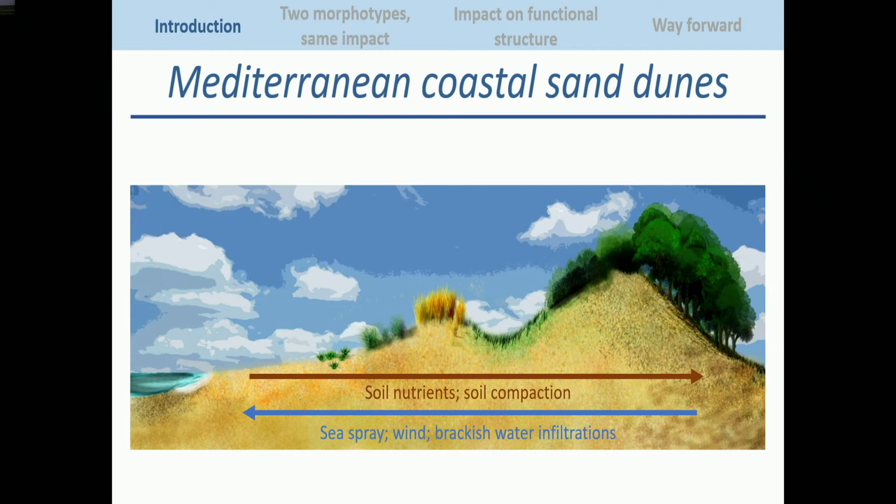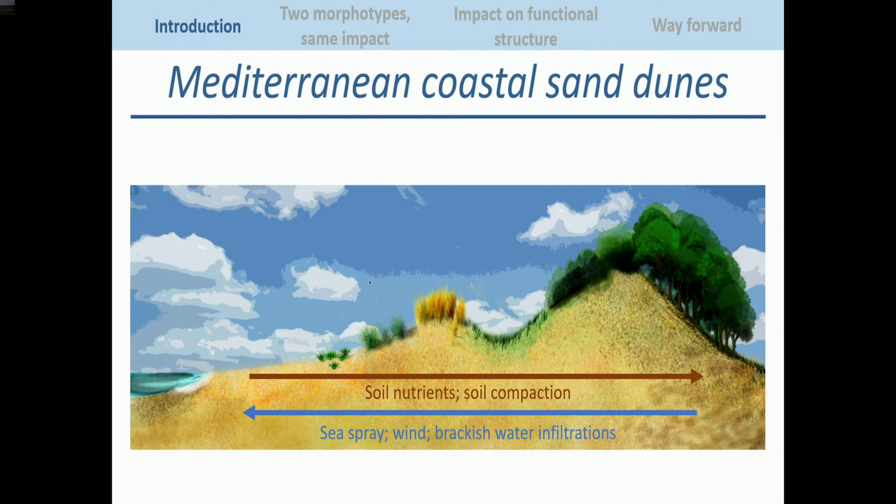So as you can see, there are different communities of plants, and sorry, I don't have a pointer, so I will just dance a little bit in front of you. So what we have here are the communities of the drift line, so these are the ones that are more exposed to the environmental stress.